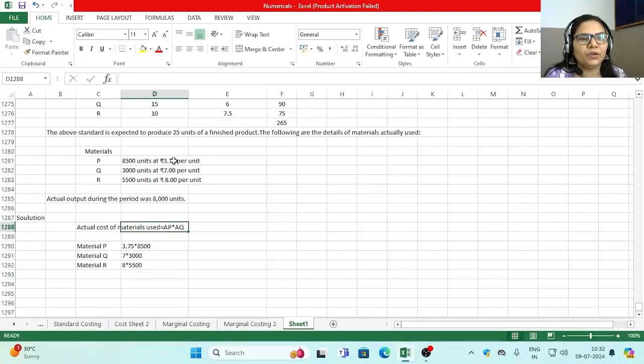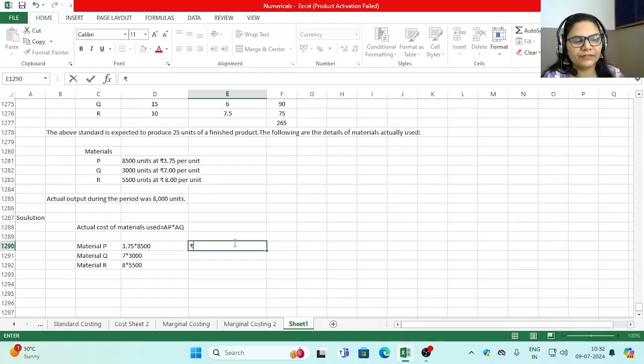Actual price we all know, this is 3.75, 7 and 8. And similarly, actual quantity is 8500, 3000, and 5500. So this is how we will calculate actual cost of material, and we will calculate for each material separately, P, Q, and R. P will come out to be rupees 31,875.